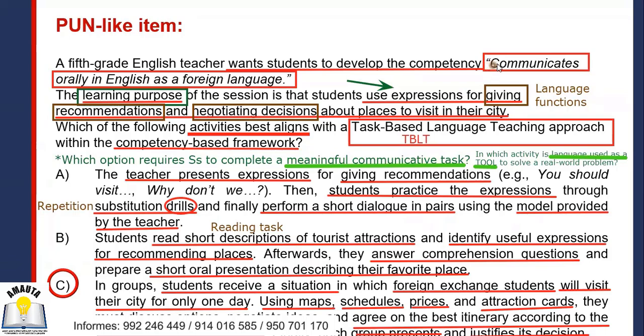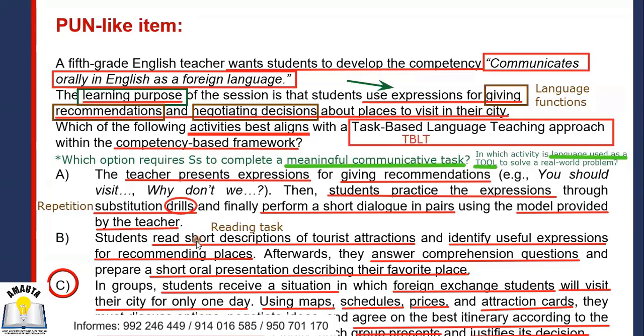This is not related to the first competency we have in the CNEB, that is communicates orally in English, right? Students don't produce language. Students read, okay? It is not related.